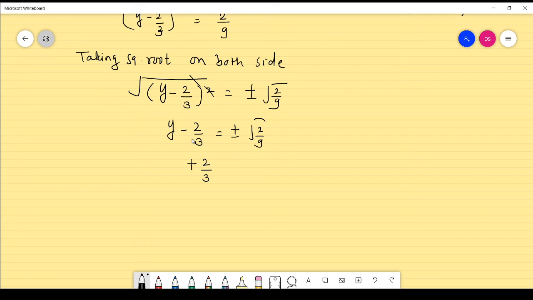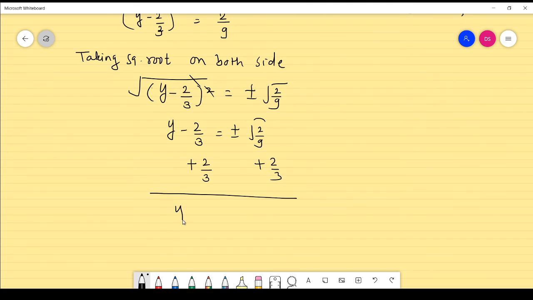Here it is minus 2 by 3, which is why I'm adding the opposite, plus 2 by 3, on both sides. The plus minus root 2 by 9 will be as it is.